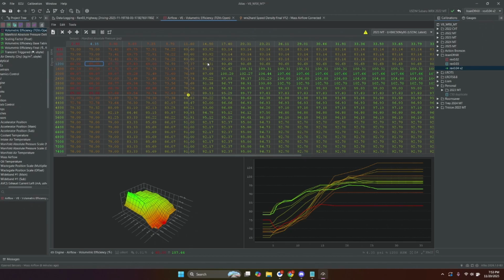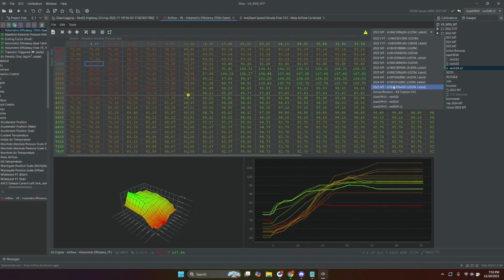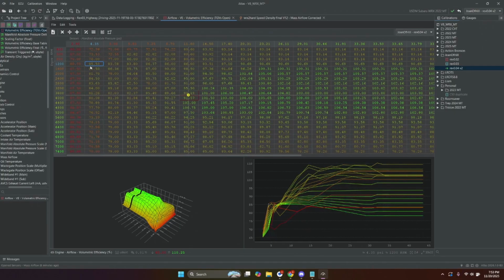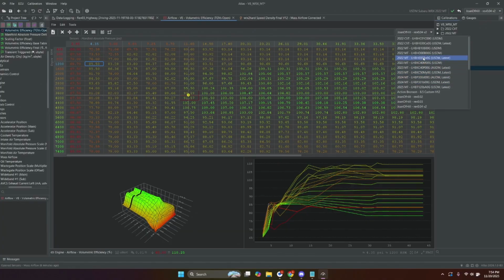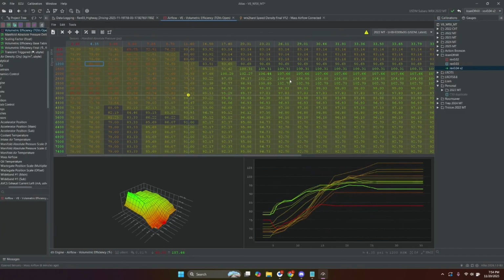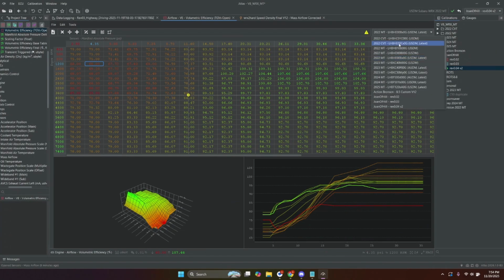Also, right below it, the stock VE table is saying 68% of the air that's in your manifold, that we've calculated of 2.4 liters, is making it into the cylinder, when in all reality the stock VE table is very wrong.